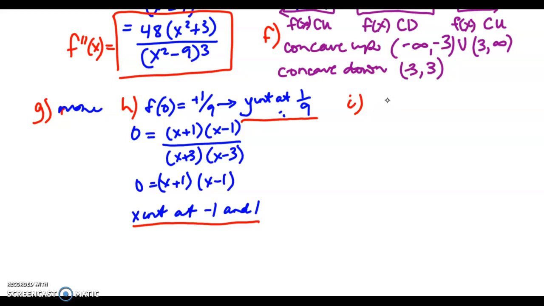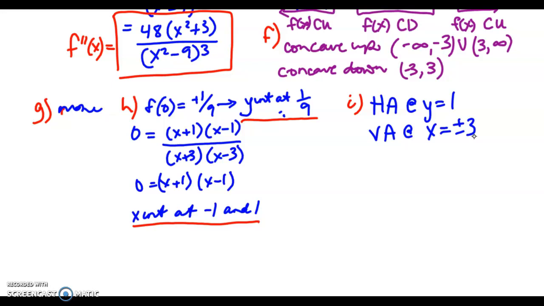So we have, these are horizontal by the way, horizontal asymptote at y equals 1 because their degrees are equal. And vertical asymptotes, we've already talked about that. That was the restrictions in the domain right off the start. That was at x equals positive and negative 3.